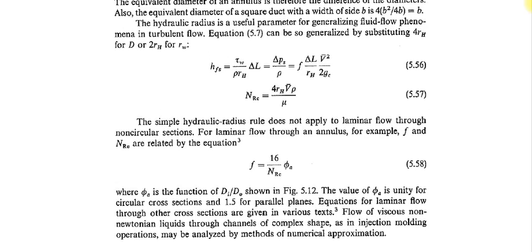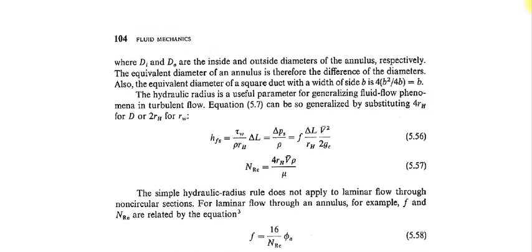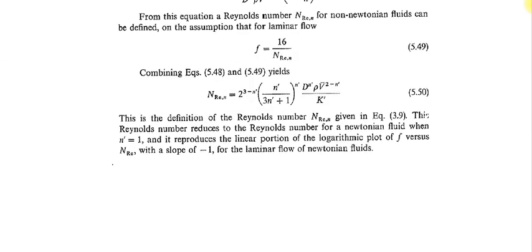When you use the Moody's curve, you have to take care that whenever the d comes, you have to replace the d with 4RH. So when you calculate the roughness factor K by D, this D will be replaced by 4RH.